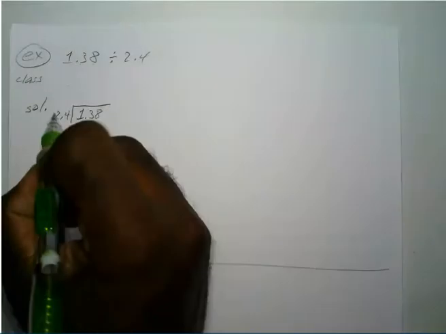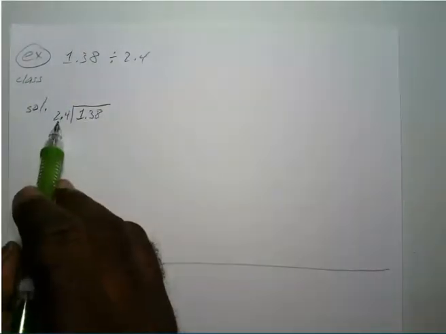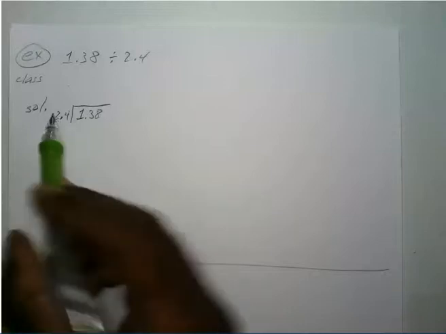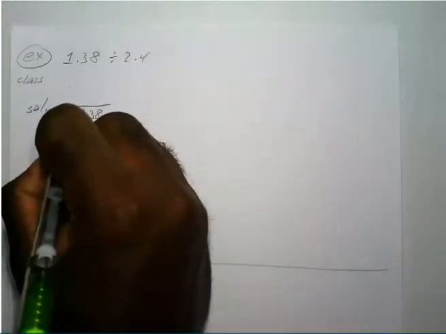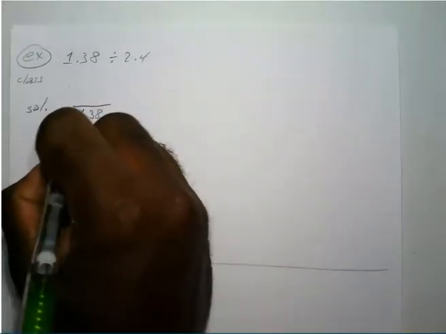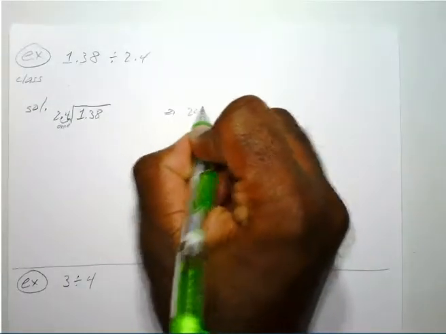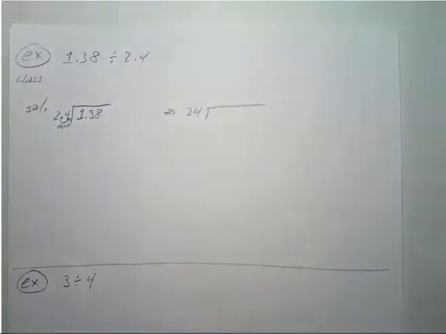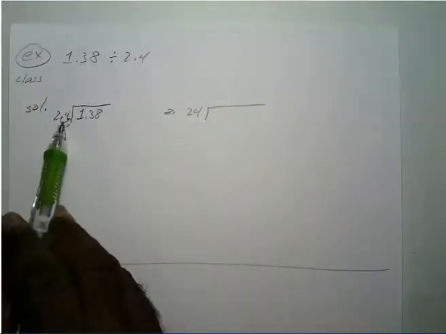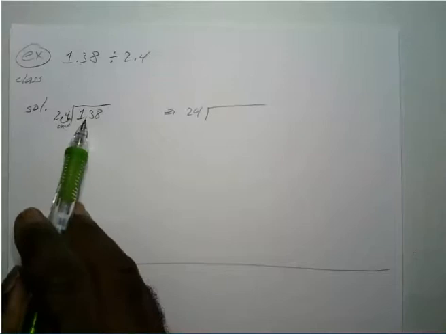Now we have a decimal number out here. Remember, the number on the outside has to be a whole number. So we're going to move that decimal once to the right. So instead of 2.4, we now have 24 on the outside of the division bracket. Since we moved it once out here, we move it once in here too.